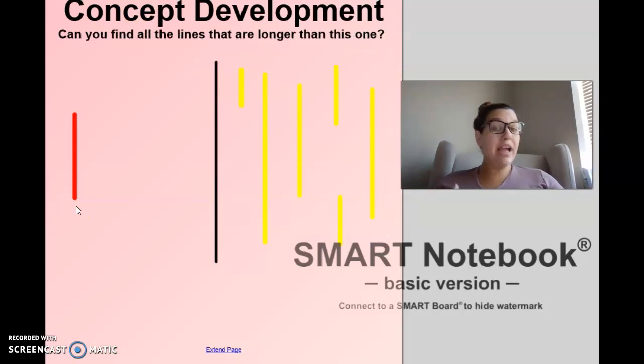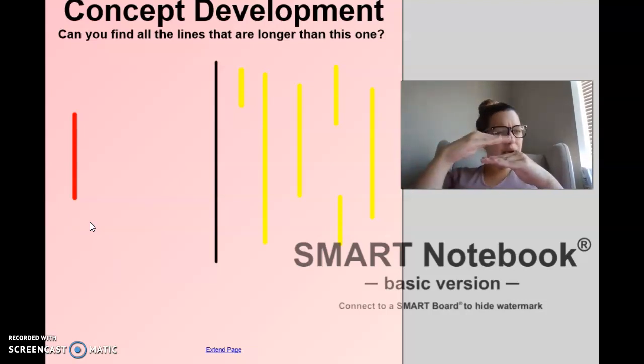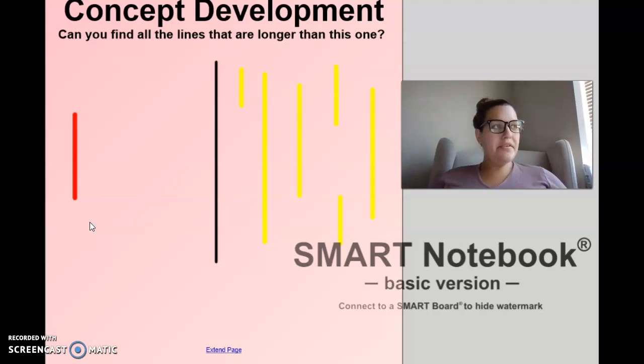Great job. So now we need to find the lines that are longer than this red one. Question. If I'm looking for things that are longer, are they going to be shorter or taller? They're going to be taller. Taller means longer. Okay? So we're going to look for the lines that are longer.